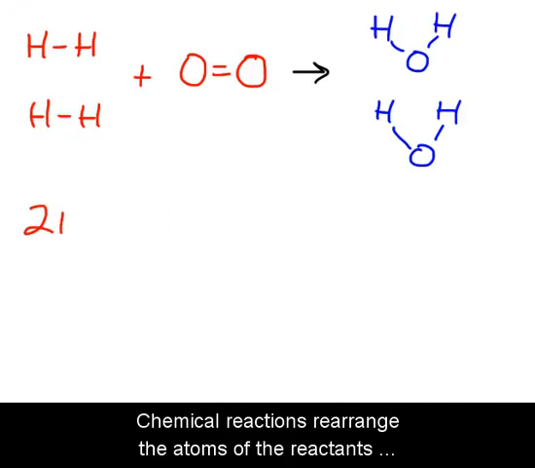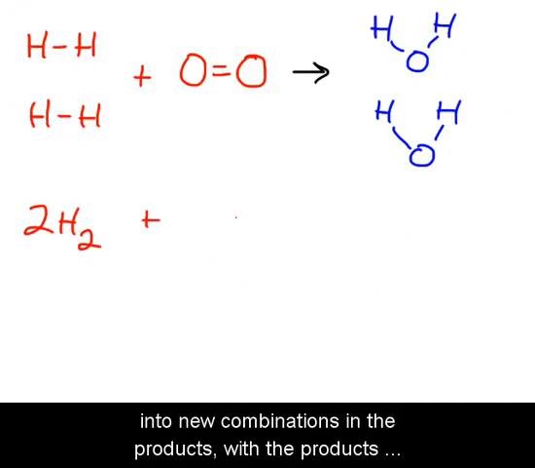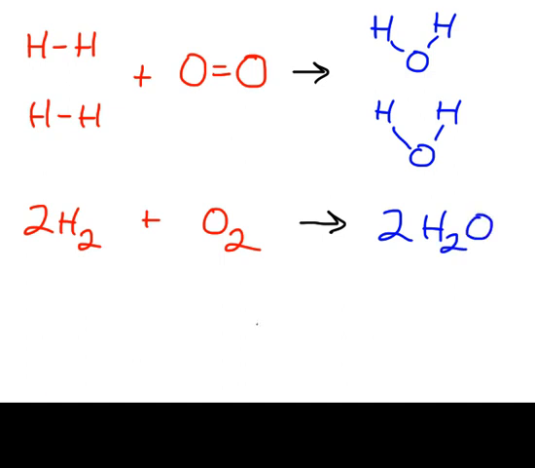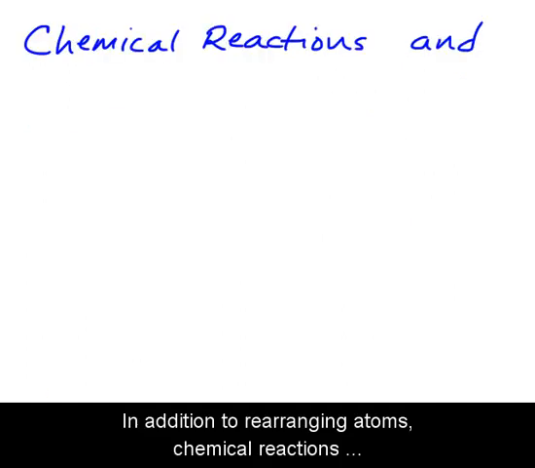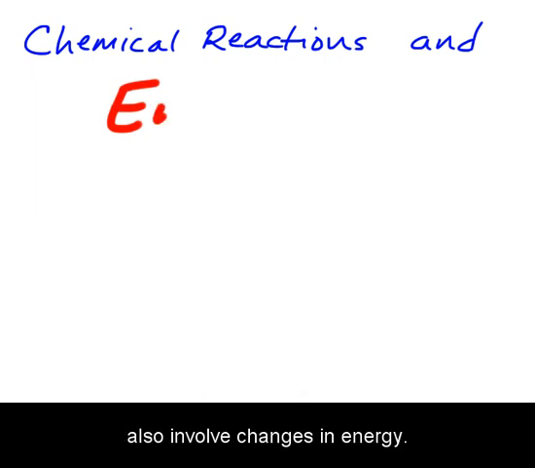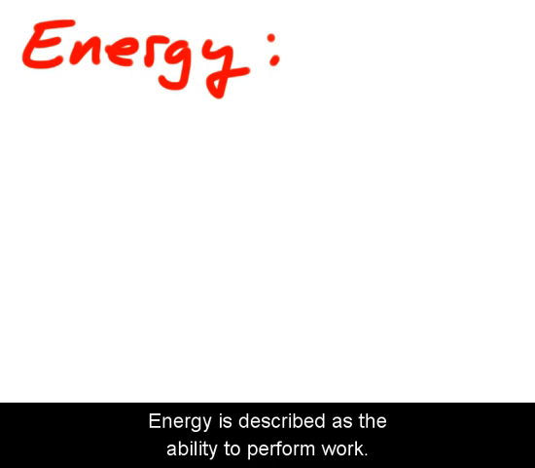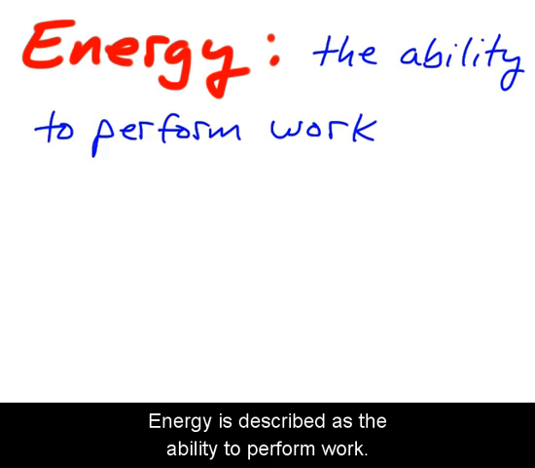Chemical reactions rearrange the atoms of the reactants into new combinations in the products, with the products now having different chemical structures and properties. In addition to rearranging atoms, chemical reactions also involve changes in energy. Energy is described as the ability to perform work.